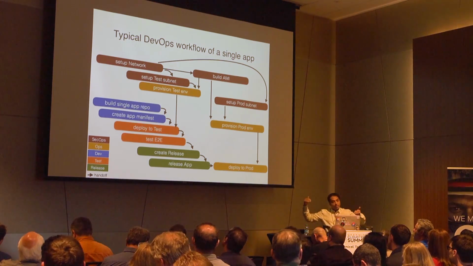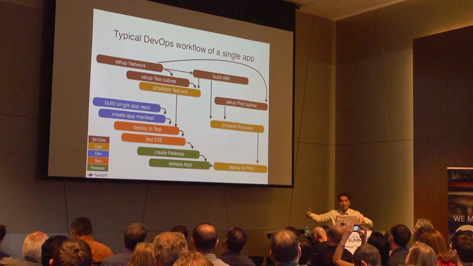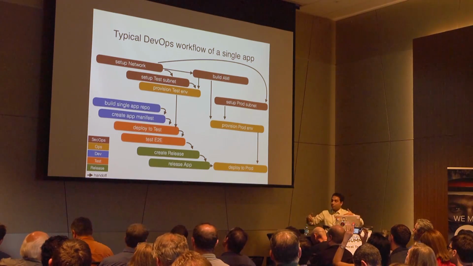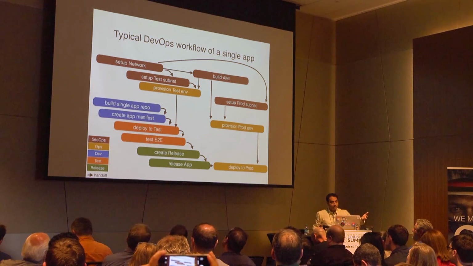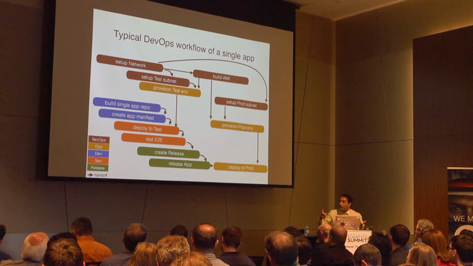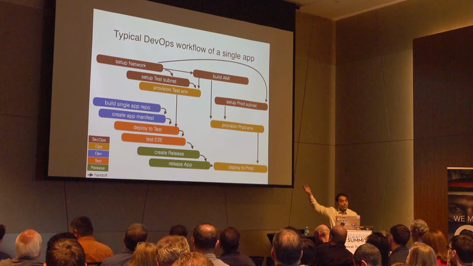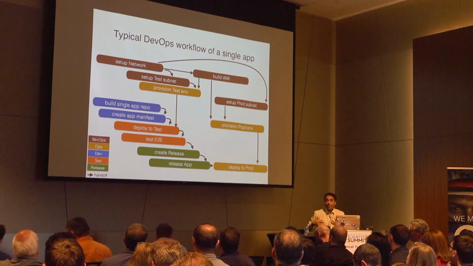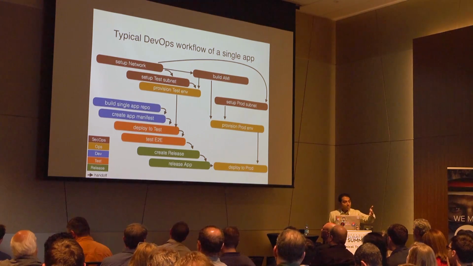Then there is the infrastructure provisioning team who has to wait for the networking to happen and the image to get built so that they can provision a test environment. Development is building their app, and then once that app is done and unit tested, it has to be deployed to test, which means there is a dependency on the test environment to get provisioned before I can do that, which means there's a dependency on my security operations team to get all those pieces in place.